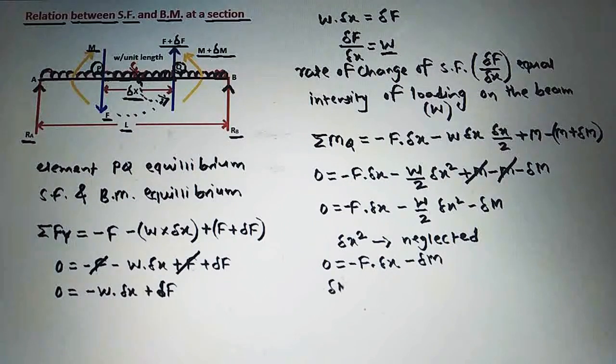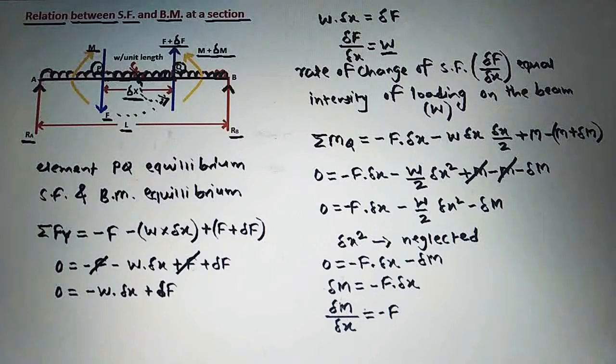So we can write here delta M. If we shift this minus delta M to the left side, then it will be plus delta M is equal to minus of F into delta X. So we can write delta M divided by delta X is equal to minus of F. So this is the rate of change of bending moment.